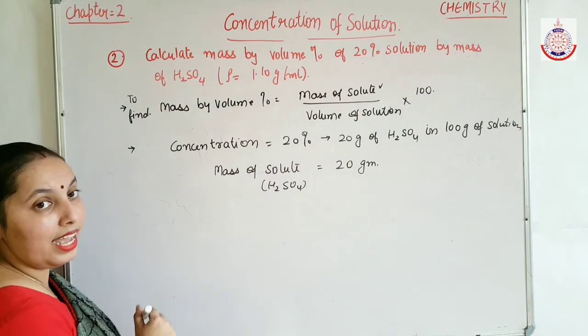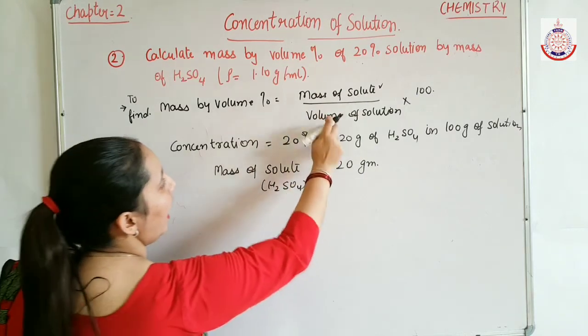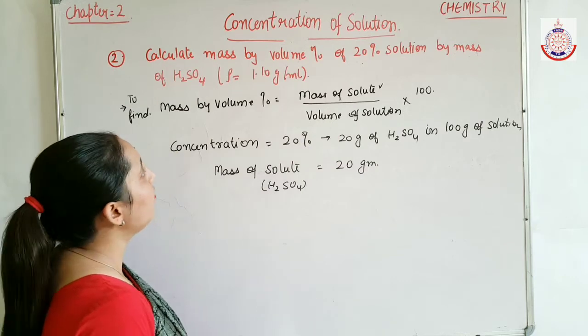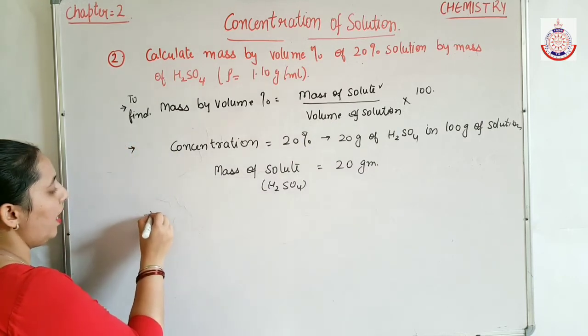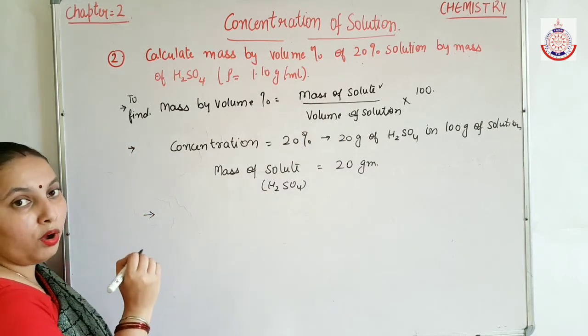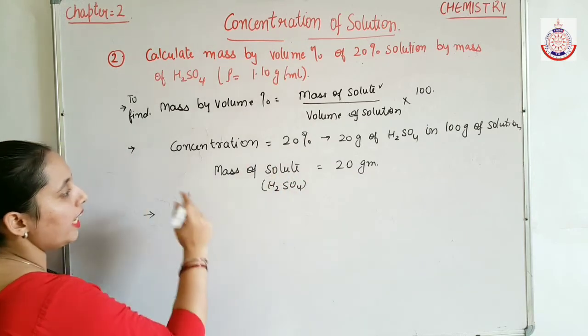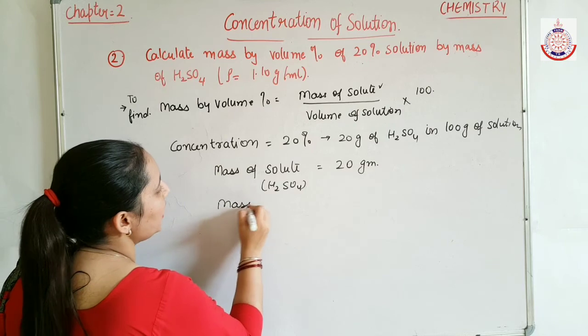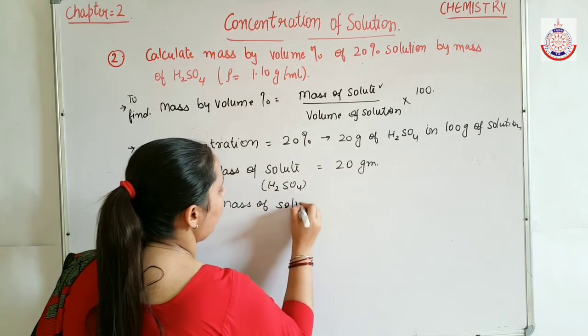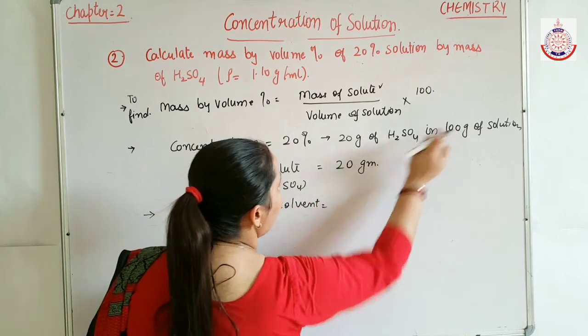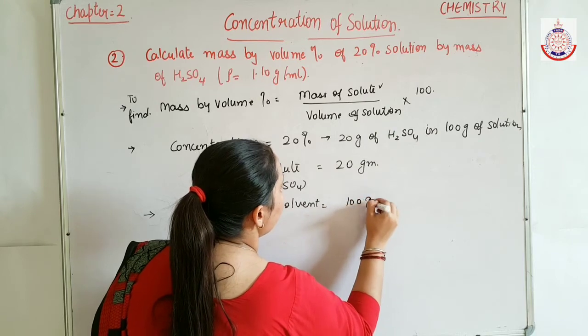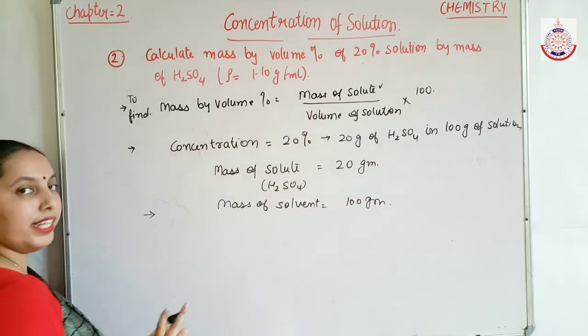Next, what I have to calculate? I have to calculate the volume of solution. How can we find out the volume of solution? The mass of the solute is 20 gram and the mass of solution is given to you, that is 100 gram. But we have to find the volume.